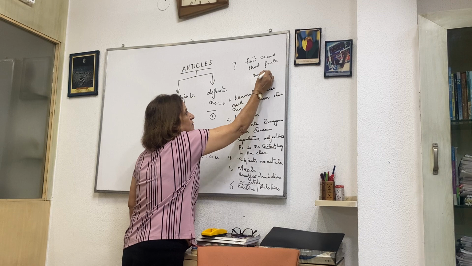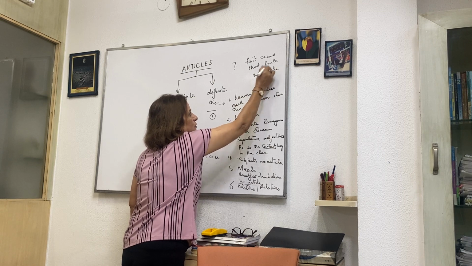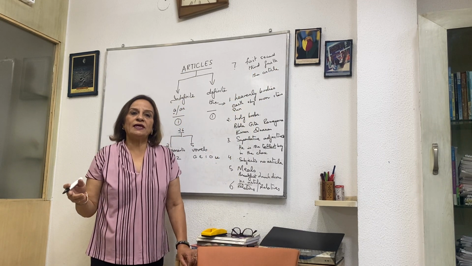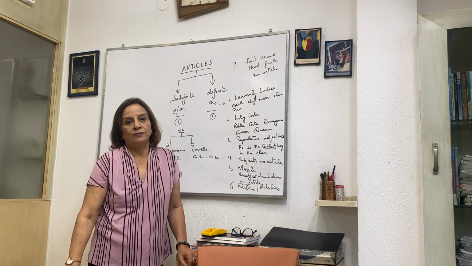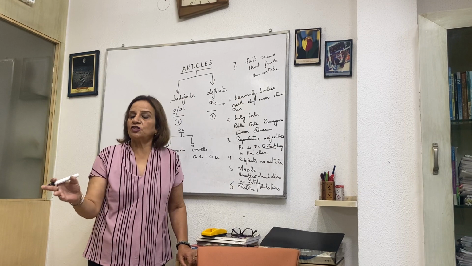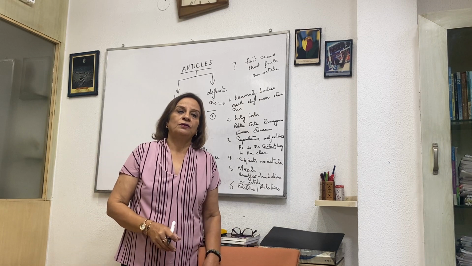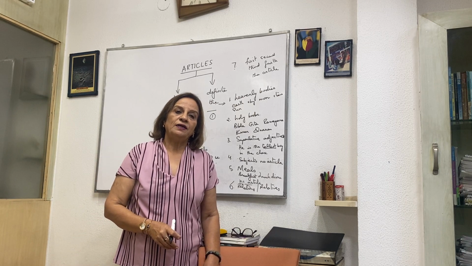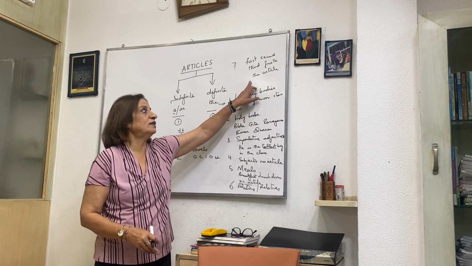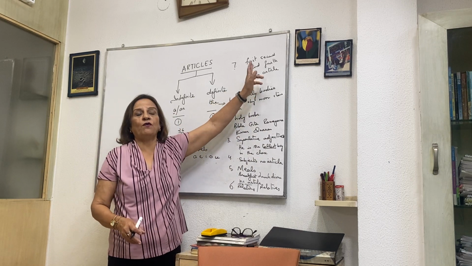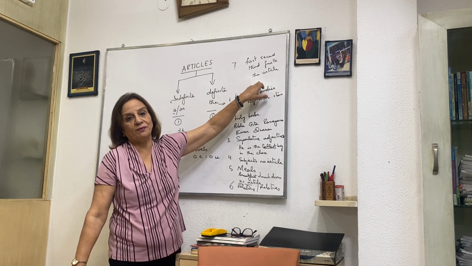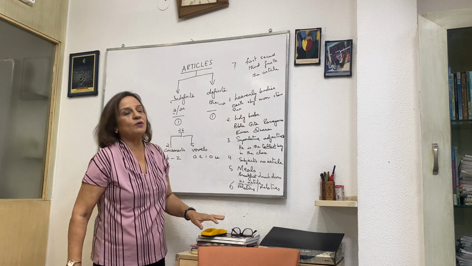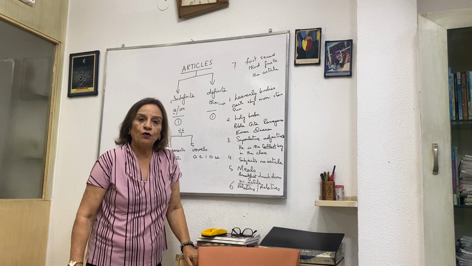The article is used. Okay? For example, I say he's sitting in the second row. Please open the first chapter of the book. Okay. So when we are using these numbers first, second, third, fourth, fifth, so on, we always use the article with these numbers. Okay. So these were some of the rules that we have to follow.